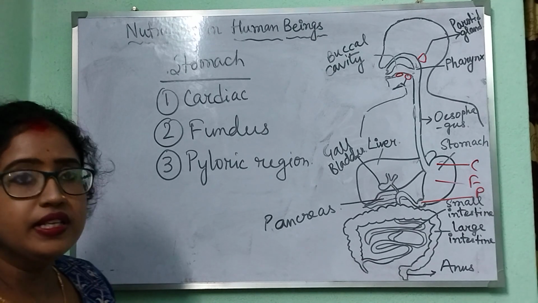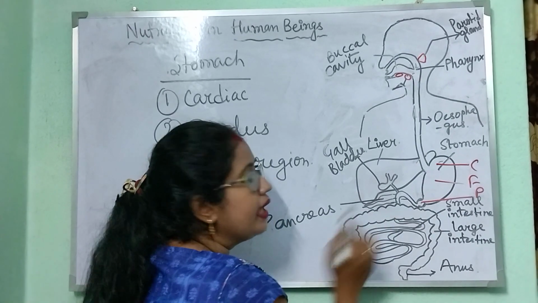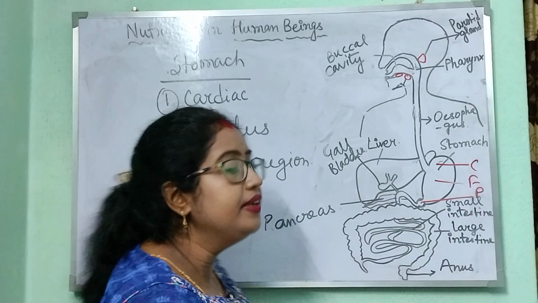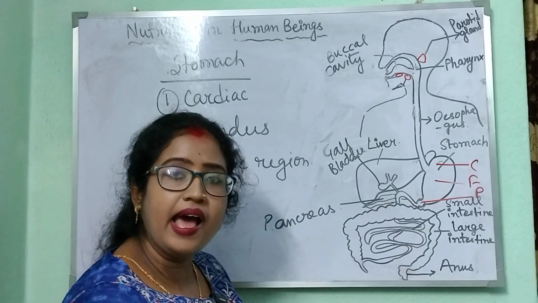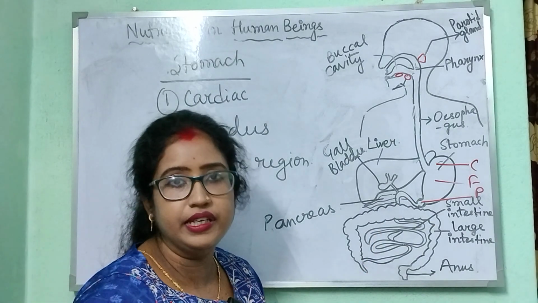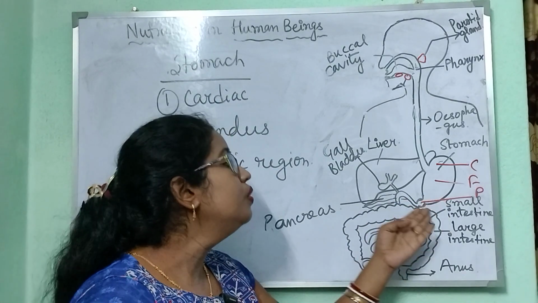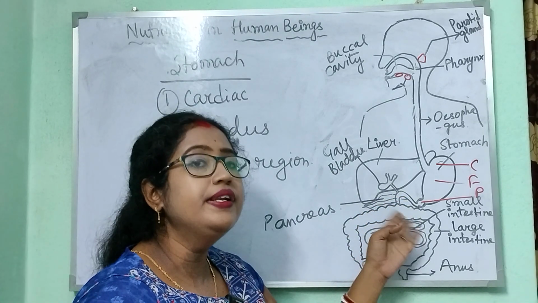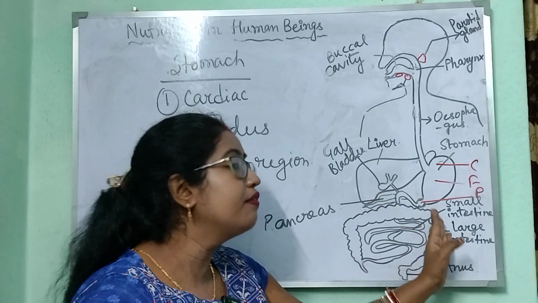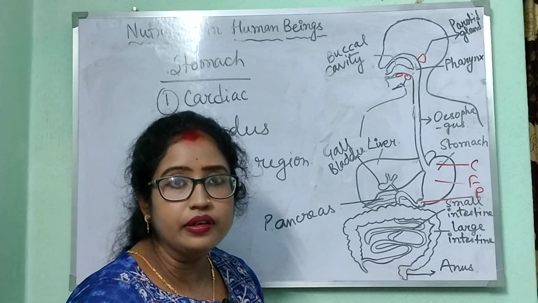This pyloric region is the junction between the stomach and the small intestine. The pyloric region has a sphincter muscle in it, which helps the food to enter into the small intestine, and it prevents the backflow of food into the stomach.